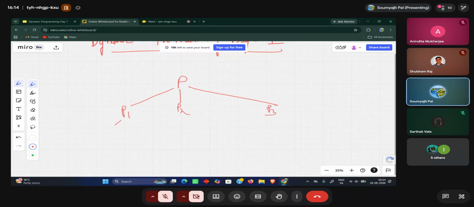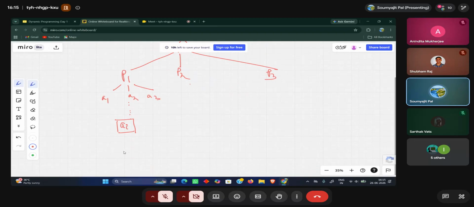Again, we divide those into smaller ones, A1, A2, A3, till we get our smallest subproblem that is easier to solve or we know its answer. That is my base case, right? Once we have divided into these subproblems, then I hope we have found this answer.